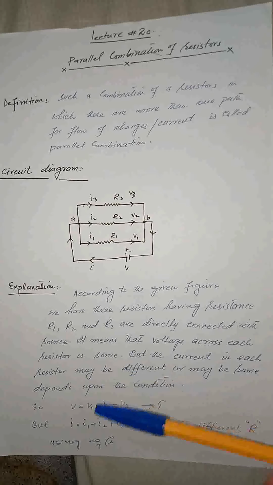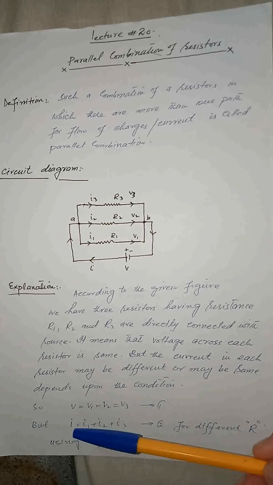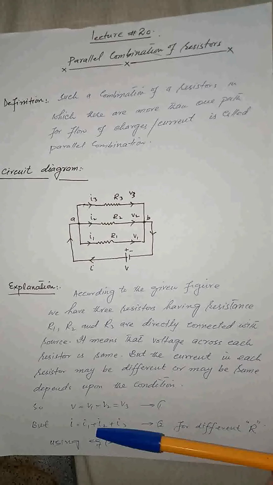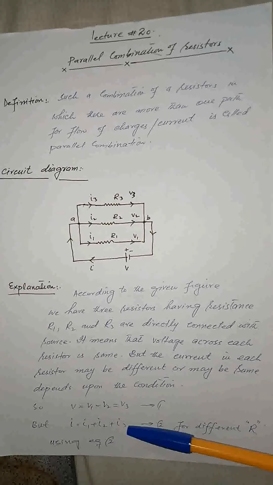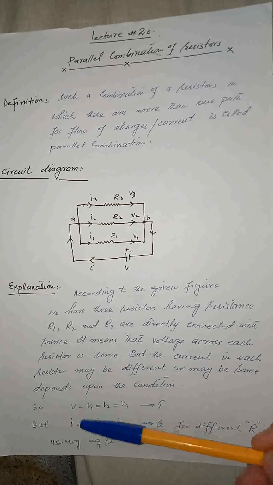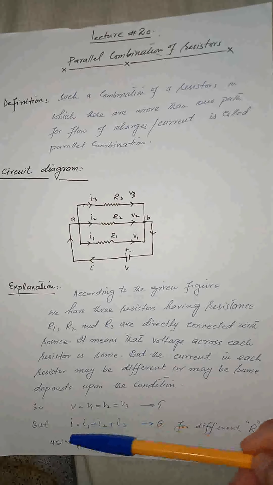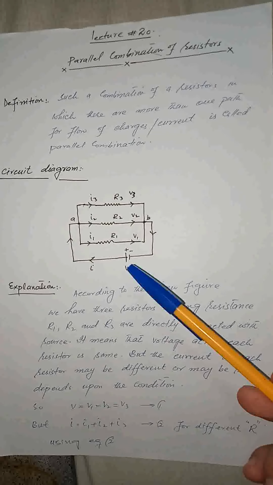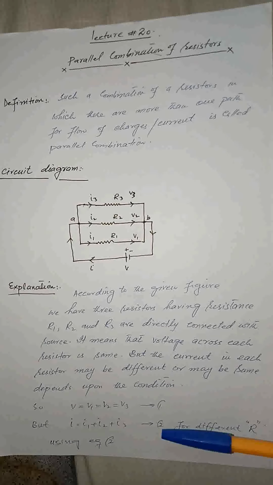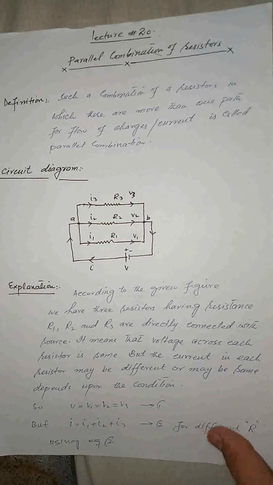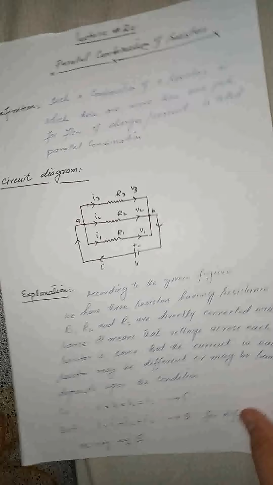So the total current supplied by the battery will flow in three different paths as I1, I2 and I3, and the sum of all these three currents will be equal to the total current of the battery. Using this equation 2, in order to calculate the equivalent resistance or effective resistance.